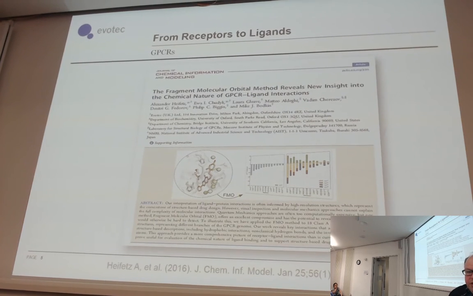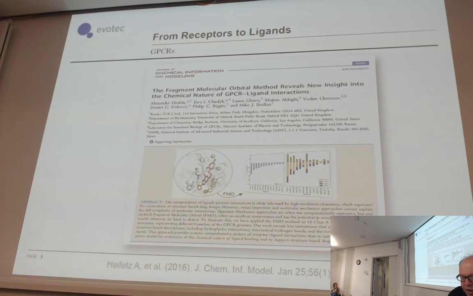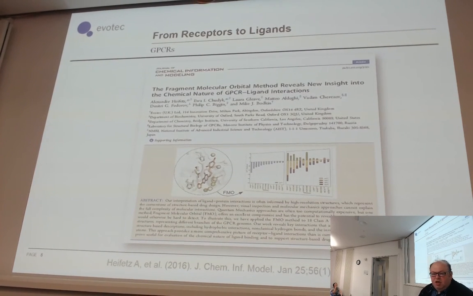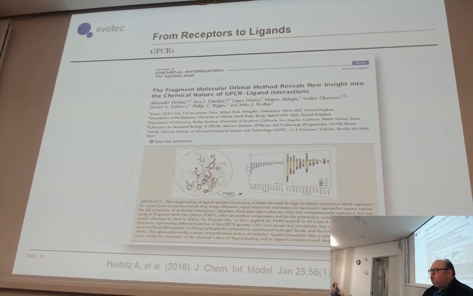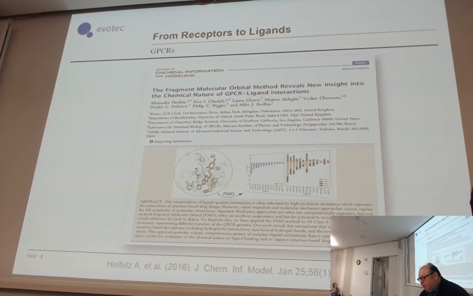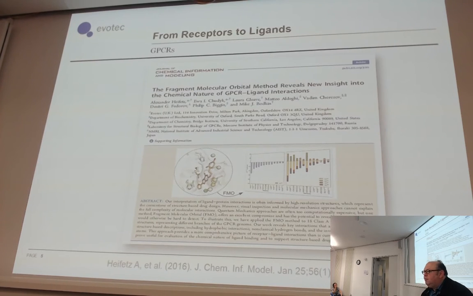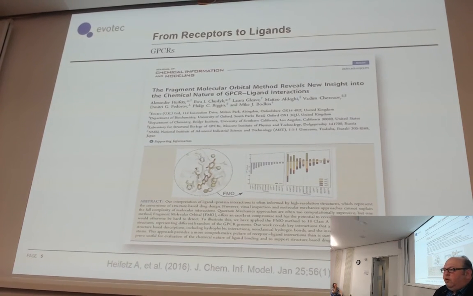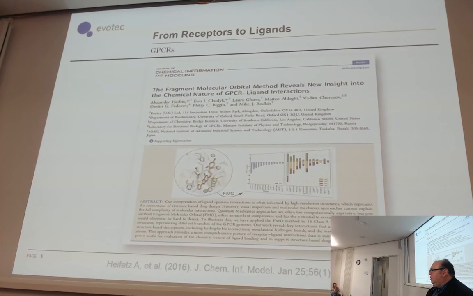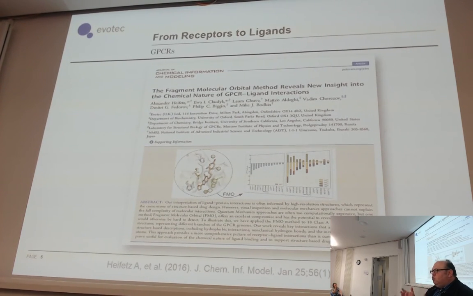We performed some calculations on 18 crystal structures of GPCRs just to see what we get. There were two papers, actually three papers, that I'm going to speak about very briefly today. With one of them, we wanted to show that even if you have a crystal structure in hand, you need a tool to understand what this structure is telling you.